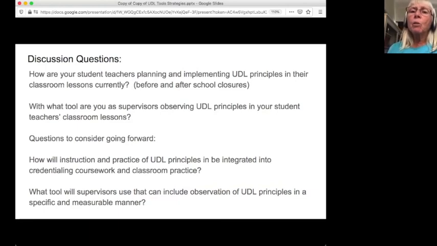And then going forward, how are we going to instruct and practice UDL in credentialing coursework and classroom, both in the remote and the physical classroom? And what tool will we as supervisors use to do that? How are we going to see what's being done with UDL in those lessons? I think these are great questions for all of us to think about as we go forward as supervisors.